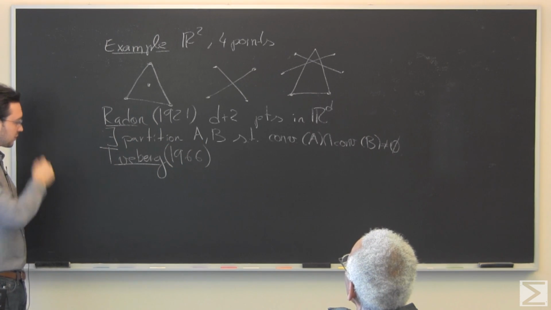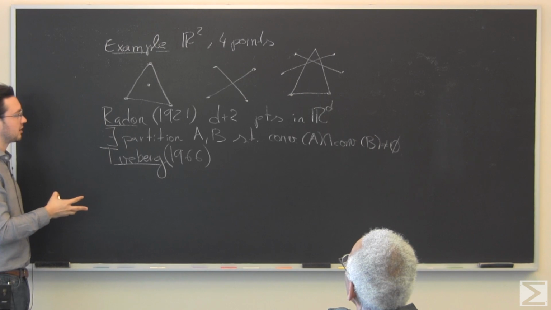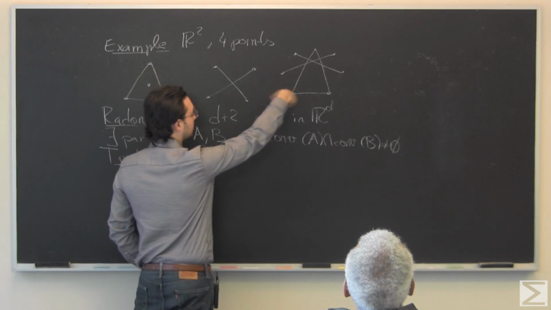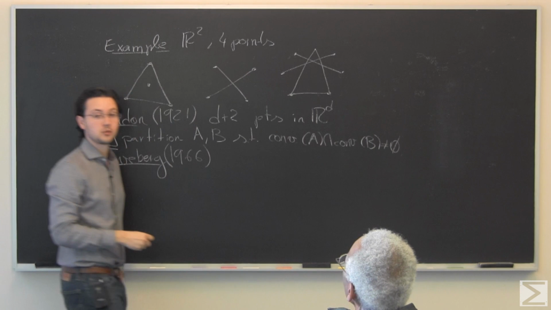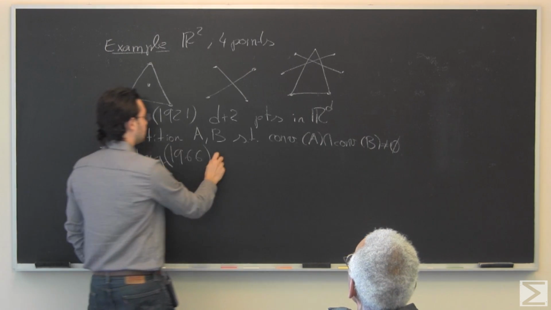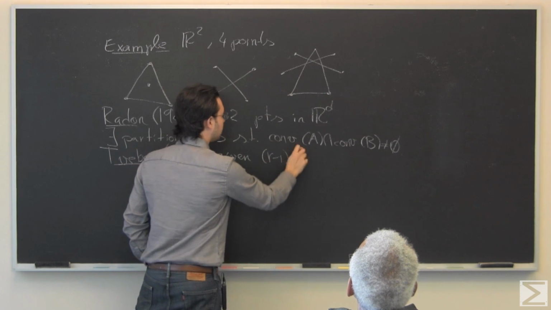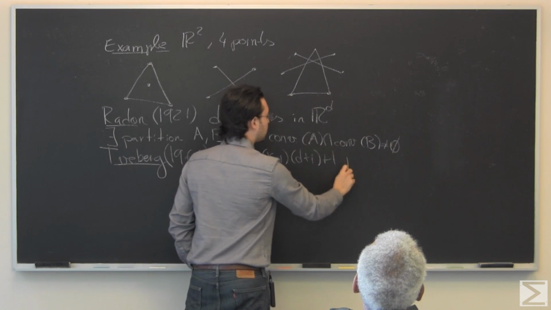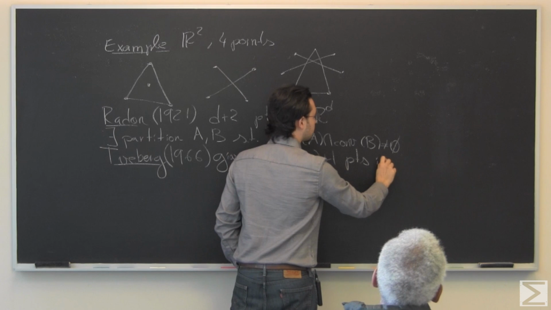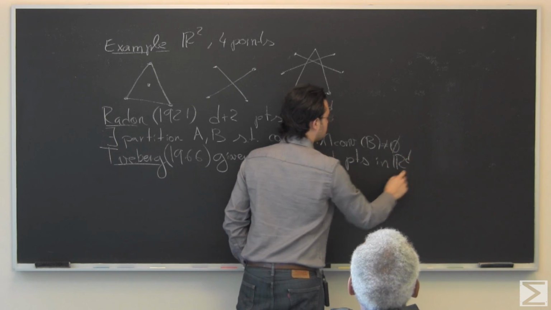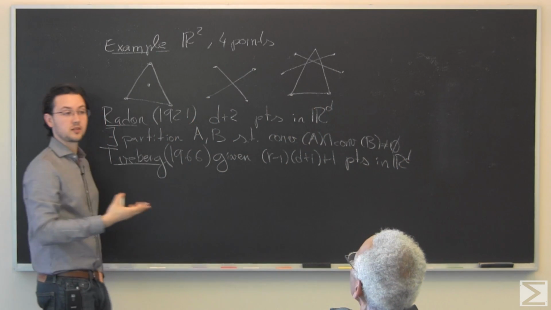But roughly 45 years later, Tverberg proved that you can always get a partition. He gave the number of points you need to do things like this. Okay, so now the number of points you have is (r minus 1) times (d plus 1) plus 1 points in R^d. And r is going to be the number of pieces I want in my partition.